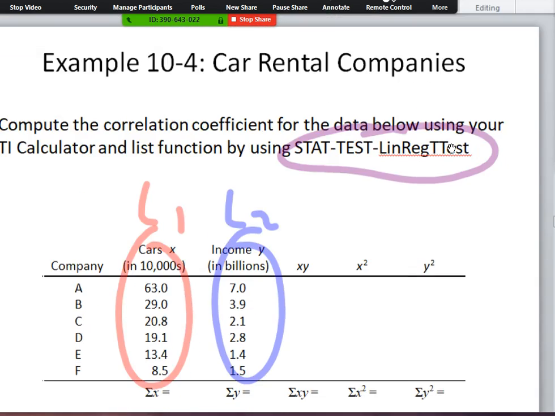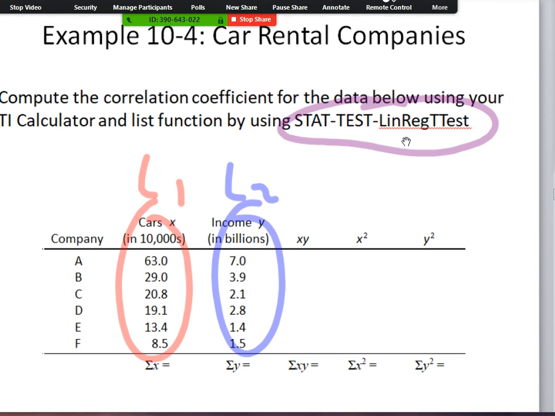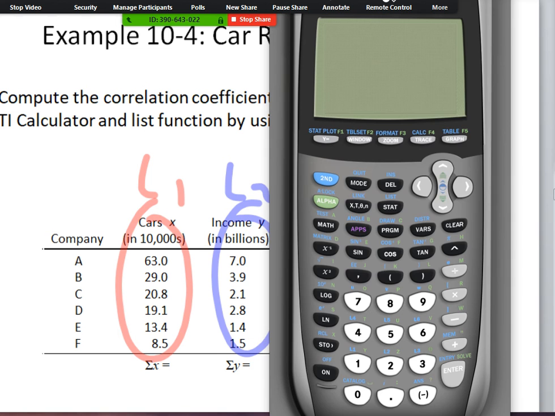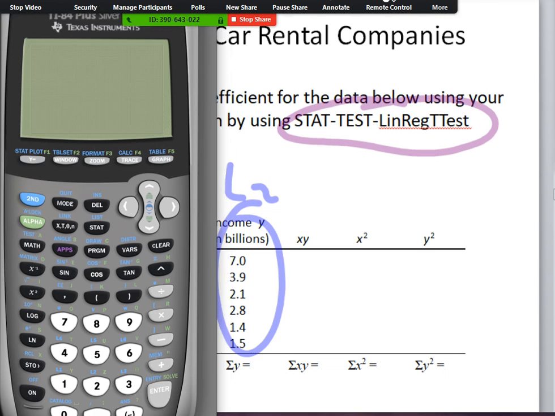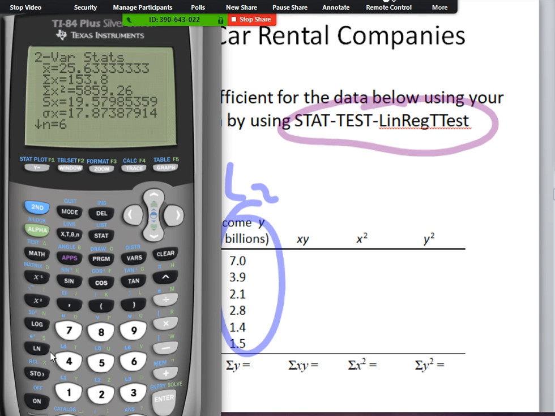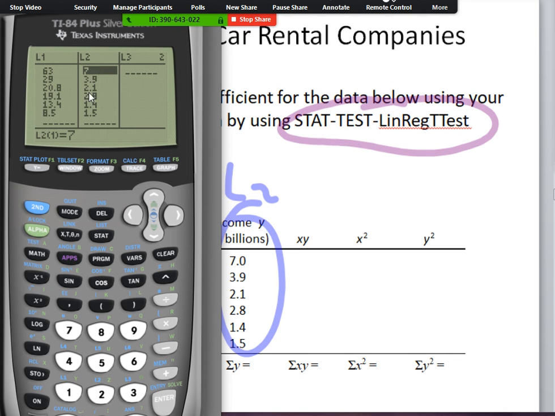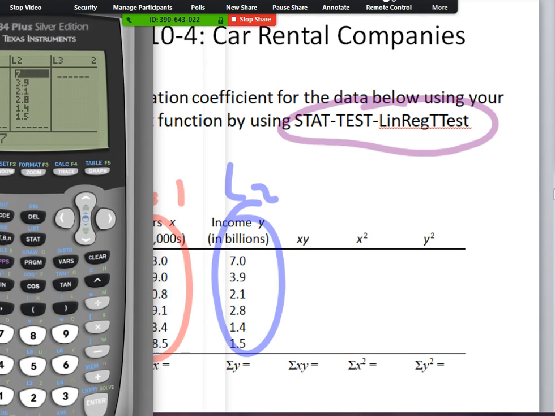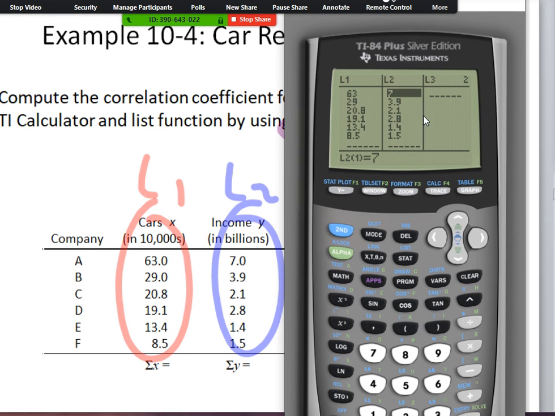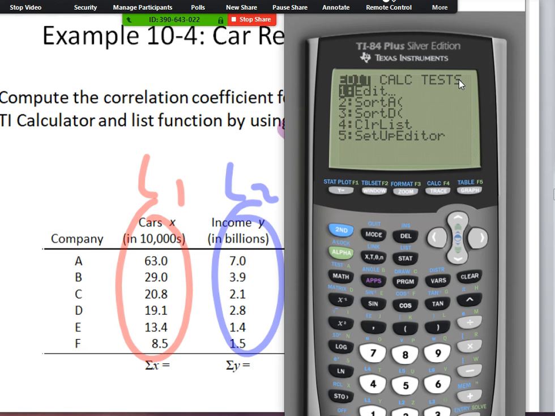Nowadays, you can do stat test LinRegTTest. So let me show you. You're going to put your x's in list 1 and your y's in list 2, which you have already. So here it is. My x's are in list 1. My y's are in list 2. And then I'm going to do stat, test.